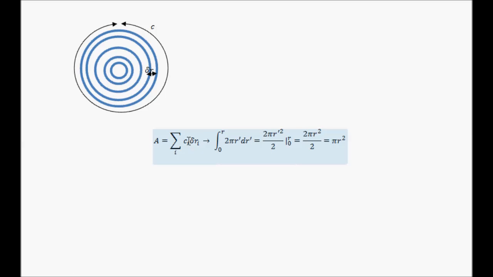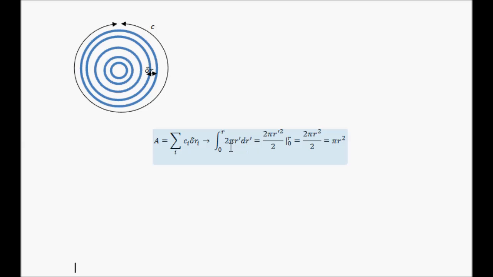Incidentally, I've replaced the circumference, or the length of each individual strip, with 2 pi r', which of course we know as the circle constant multiplied by the radius is the circumference. So we're summing up continuously this time because it's an integral over all of these radii, with this little increment dr'.